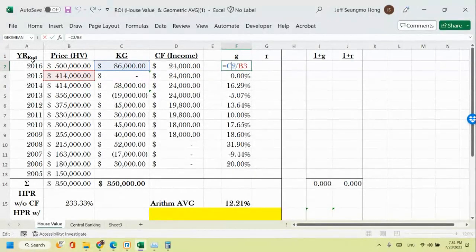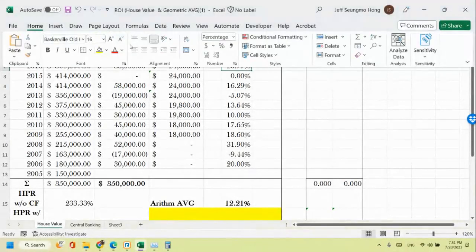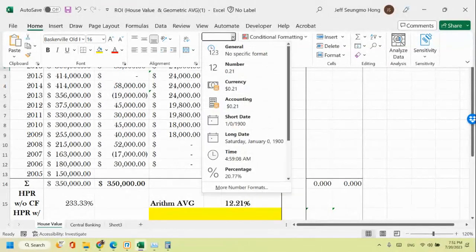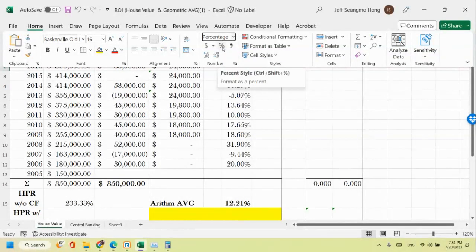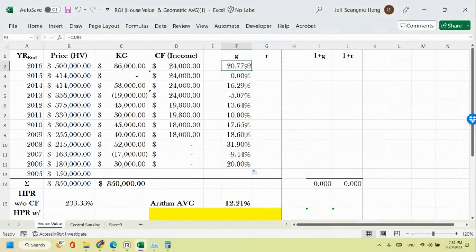And I have already preconditioned it, you see, I have already selected percentage for number formatting. It may come with lots of digits, but I limited it to the second decimal place. And then I copied and pasted it, right? Oh, okay. Thank you so much.